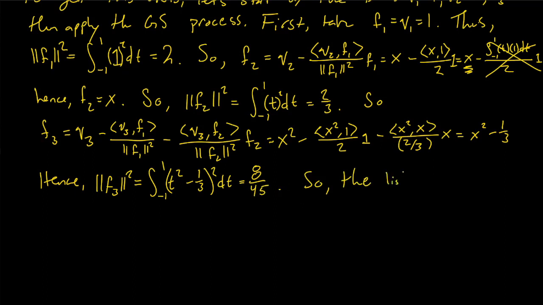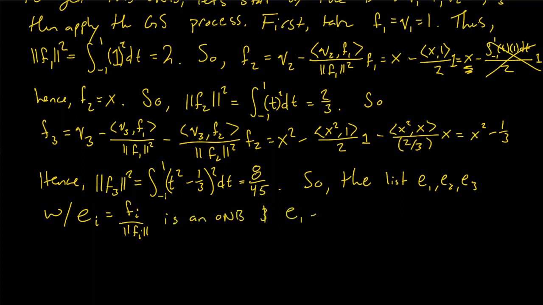Okay, so the list E1, E2, E3 with Ei equal to fi divided by its norm is an orthonormal basis.